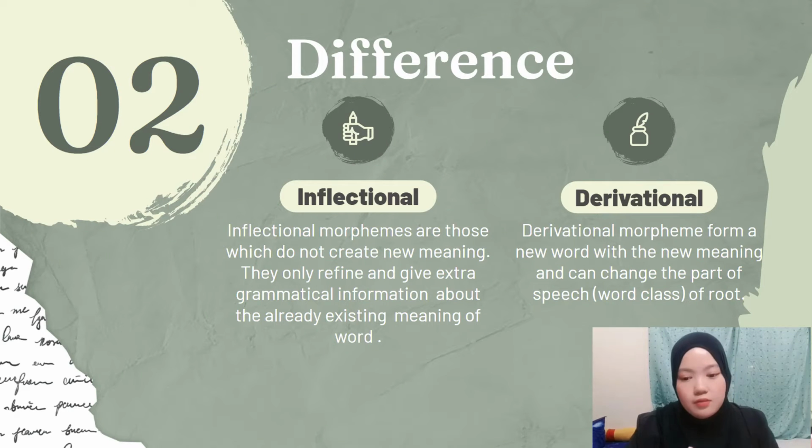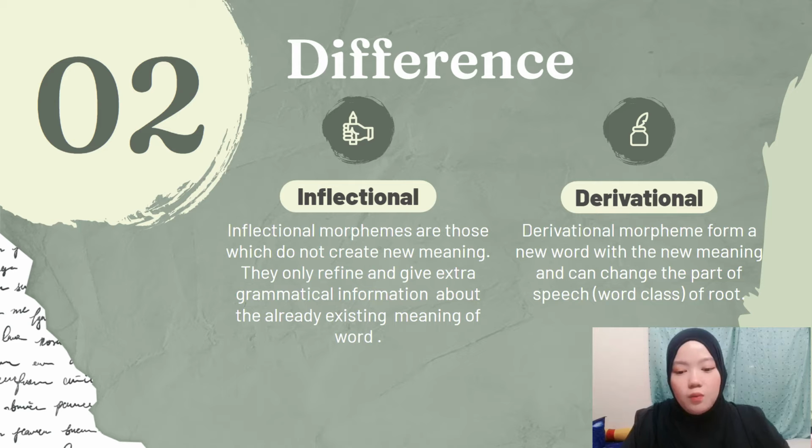So, what is the difference between inflectional and derivational? A derivational morpheme forms a new word with a new meaning, and it can also change the part of speech, which is the word class of the word. Derived words are often of a different word class from the original word, like from noun to verb.